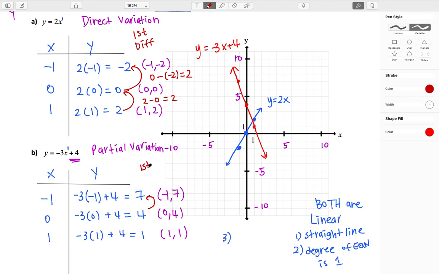The first difference, 4 minus 7 is -3. And 1 minus 4 is also -3. Therefore, the first difference is constant. It's the same. That's why I know that they are going to be a linear equation. But you must double check that the x values are also increasing by the same number, then it is linear.